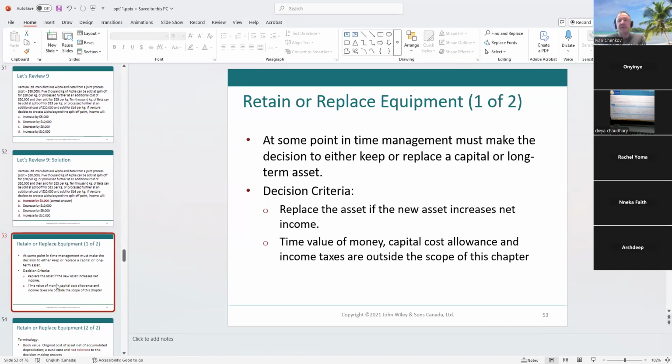Now, the next decision that you have to make is, should I keep my old fridge or should I buy a new one? Or should I change my dishwasher by buying a new dishwasher? So the decision criteria is, you're going to replace the asset only and only if the new asset increases the income.